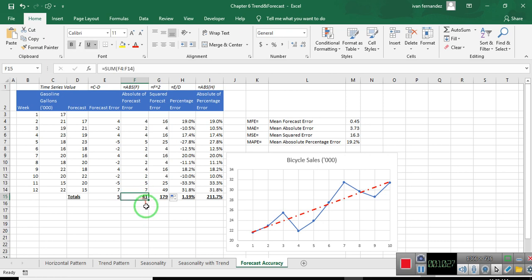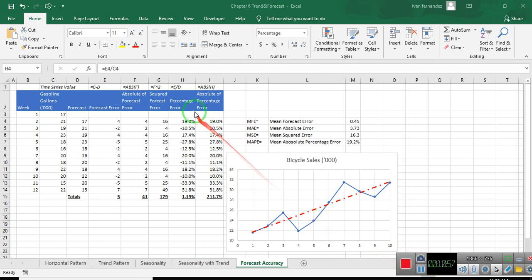Clearly, it's never going to be that close. So the one number that we can compare, regardless of the magnitude of the underlying measure, the underlying product, activity, or service, is a percentage basis. Now you can compare your accuracy across multiple projects, multiple jobs, multiple divisions, multiple businesses, etc.